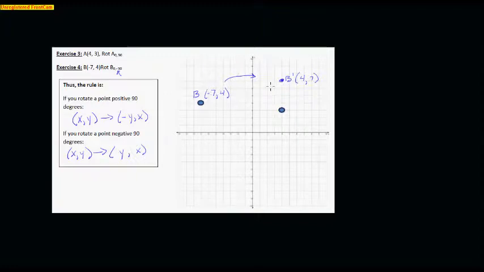It changed to this place over here, and it turned to the opposite. And the 4, which started out as the y value, turned into the x value. So here are the rules that work. For positive 90 degrees, you change it like this. For negative 90 degrees, you change it like that. So there are your rules.